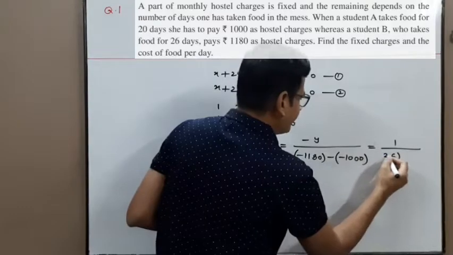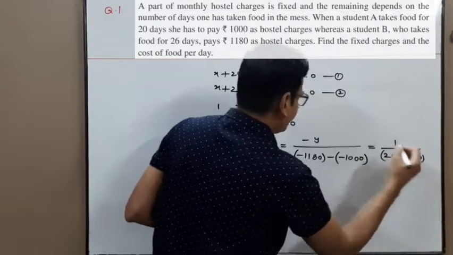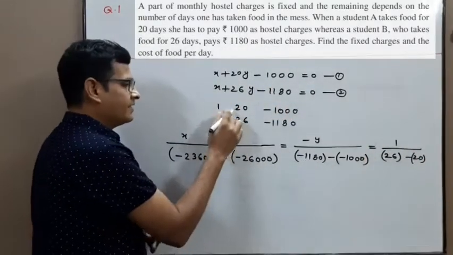In the first bracket 26, second bracket 20. This into this 26, this into this 20.